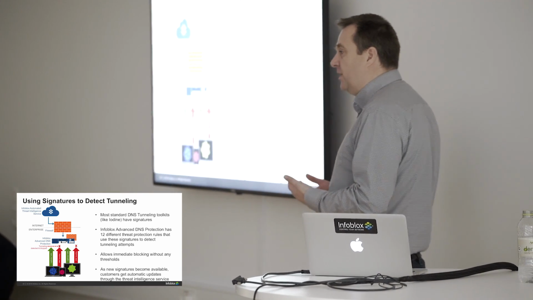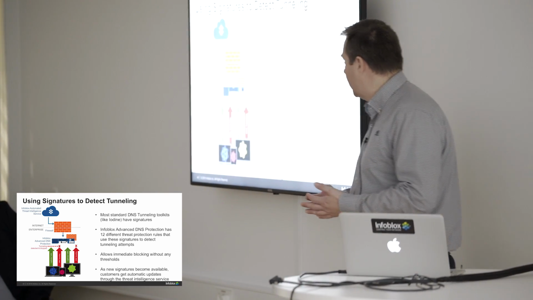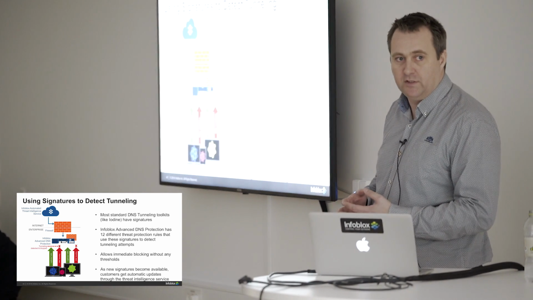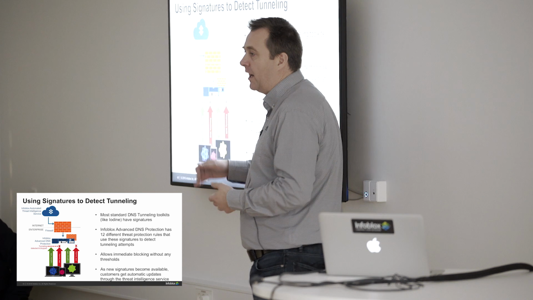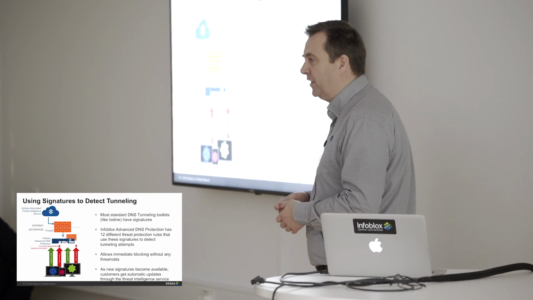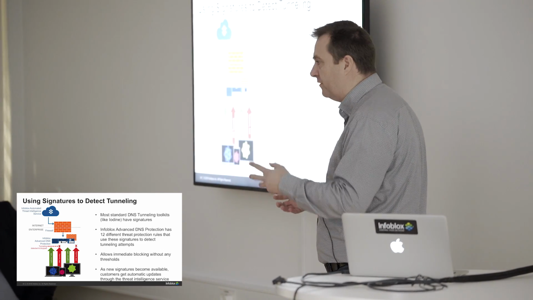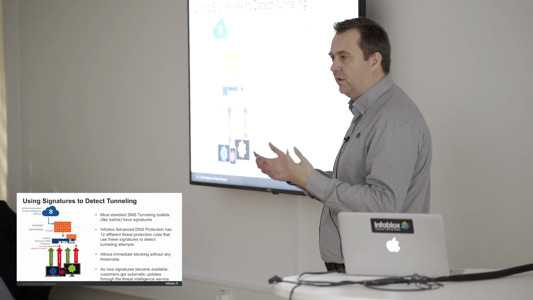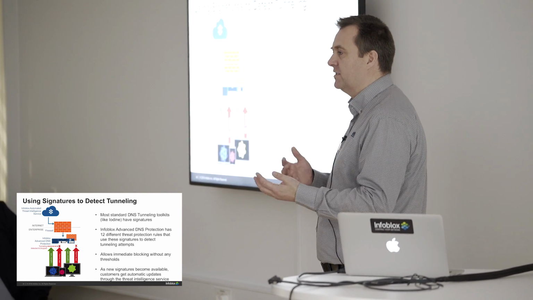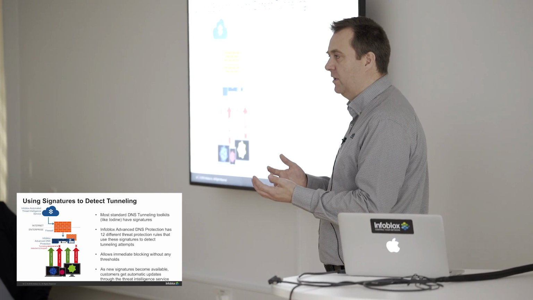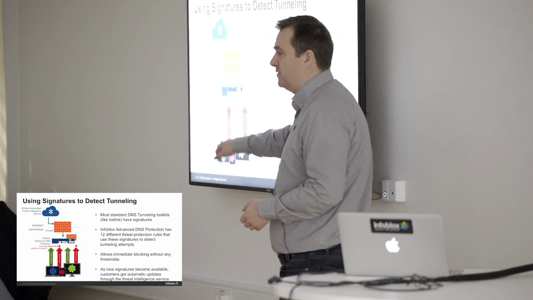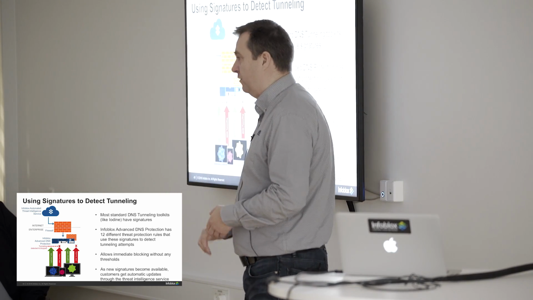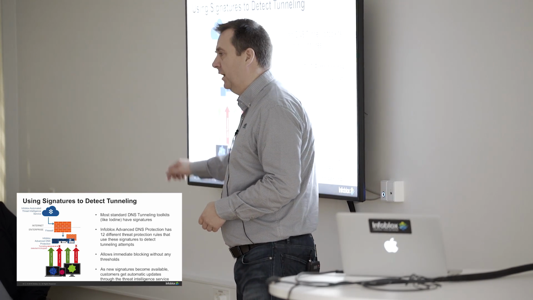Now, how can you deal with DNS tunneling and how can you discover it? Well, there are actually 2 ways you can deal with it. You can do it signature and volume based, which is basically if you have the known packets like iodine, which is one of those tools that can be used, you can detect it. Or if the volume is high enough, you can see that, okay, this is abnormal DNS traffic because there are too big queries. Then we can detect it. That's something which we can do on our advanced DNS protection appliances. That's our first implementation of tunneling.